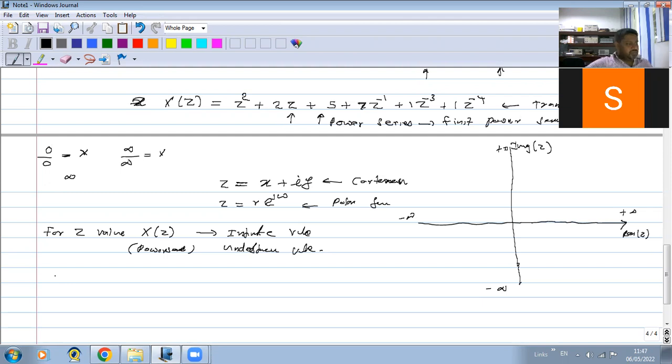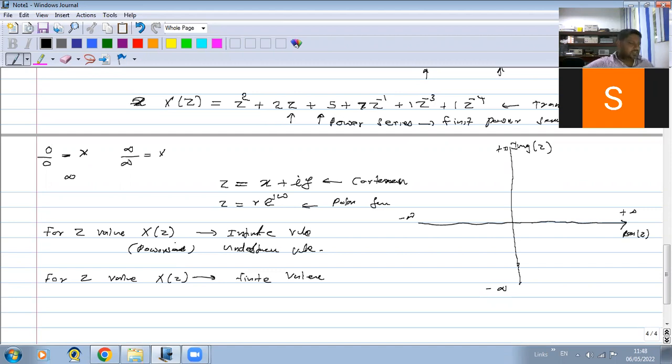And for some z value, this x(z), this power series, will get a finite mathematical value. We can see that: 1, 2, 3, 4, 5, 1.2, root 2, maybe. Any rational or irrational number we can get.